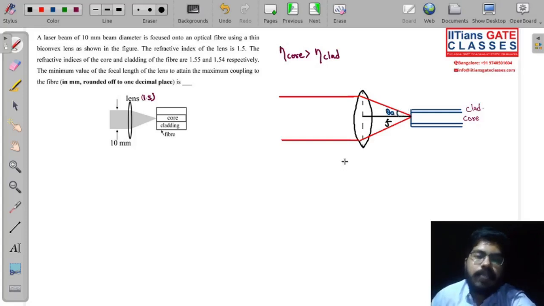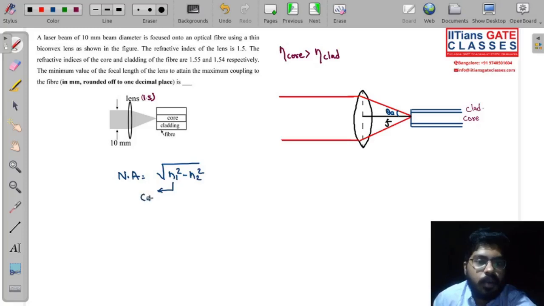What is the formula for numerical aperture? Numerical aperture is given by the square root of n1 square minus n2 square, where n1 is the refractive index of core and n2 is the refractive index of cladding.